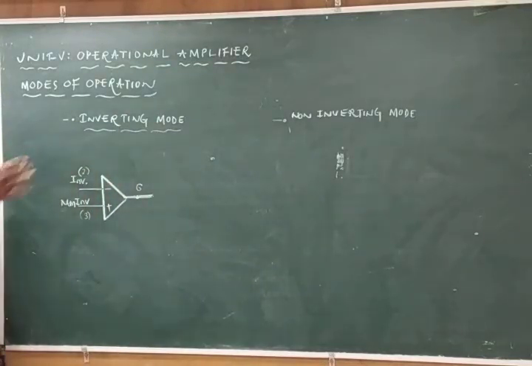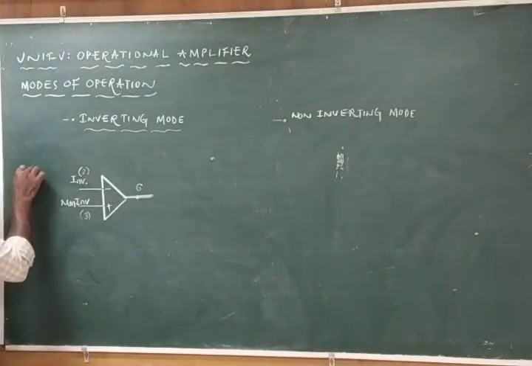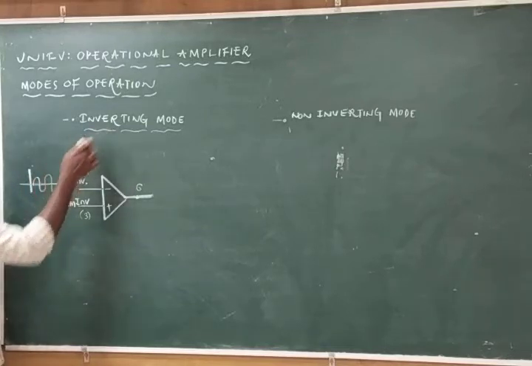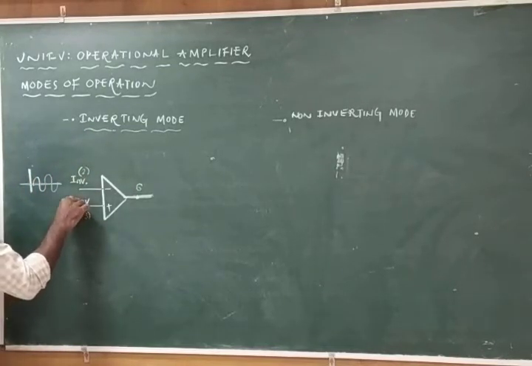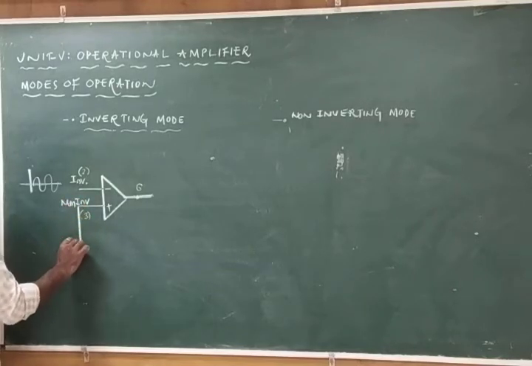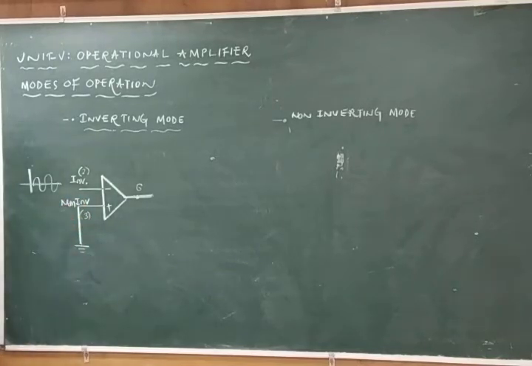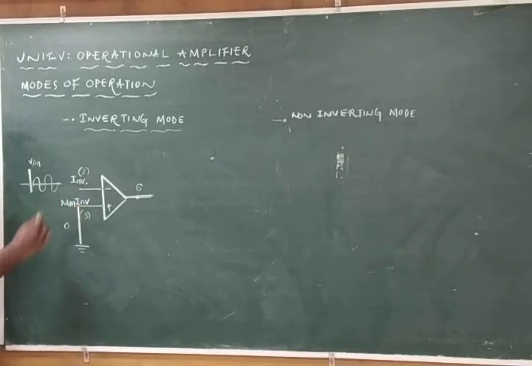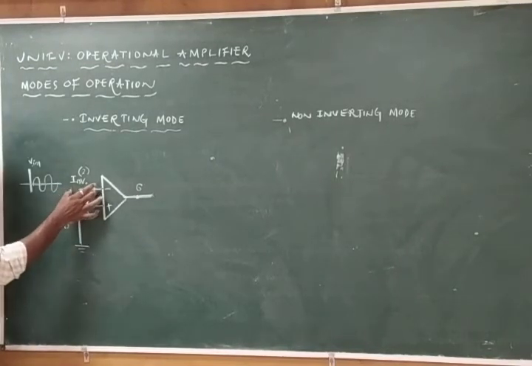Which mode of operation are we going with? Inverting, so the input has to be given at the inverting terminal. By giving the input to the inverting terminal, you make the non-inverting terminal ground, at 0 volts. The difference between these two will be, for example, Vin minus 0, that is Vin only, so it accepts this signal only.